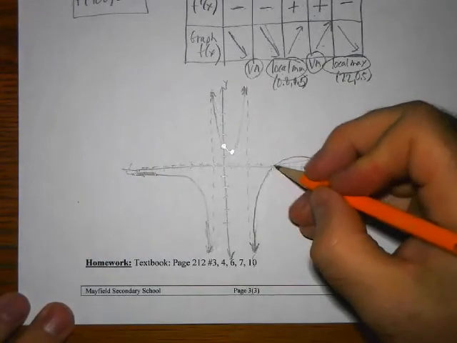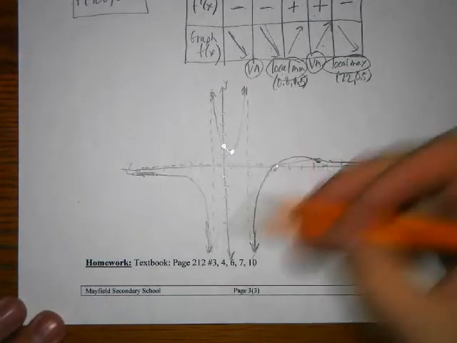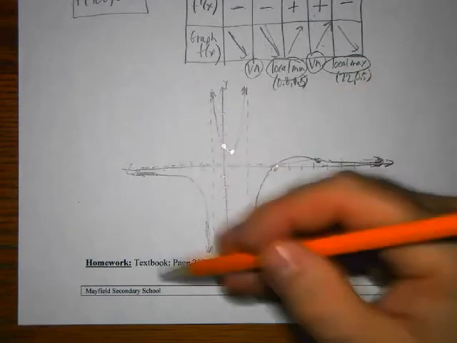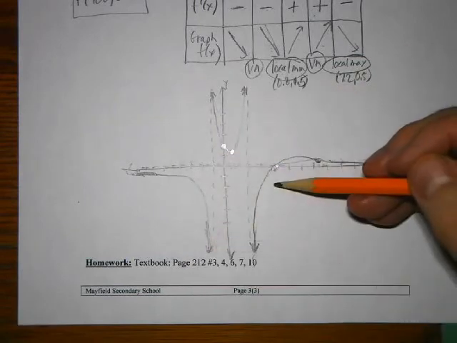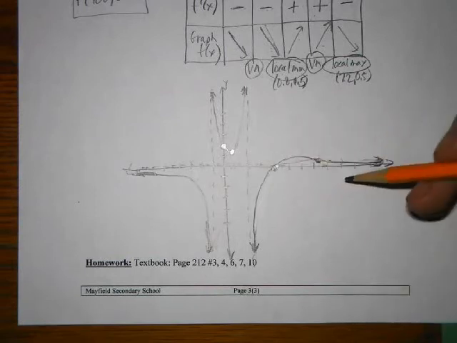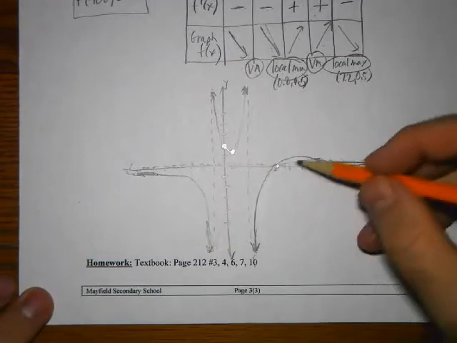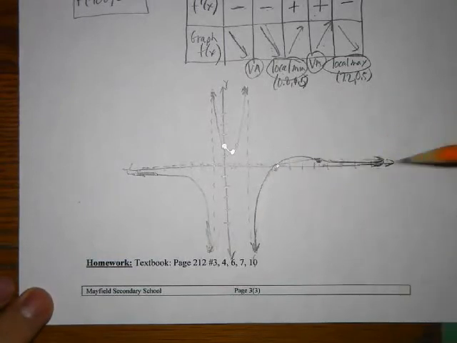You may remember them from advanced functions, where normally it's verboten to cross any asymptote, but it is possible to cross a horizontal asymptote. So you can see that as we head off to the sunset on this side, it's still approaching 0, y equals 0, but it's never going to touch.